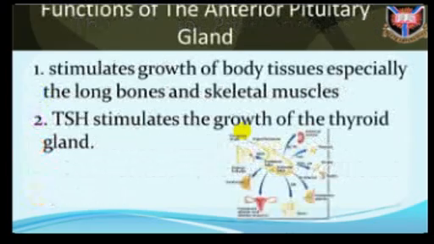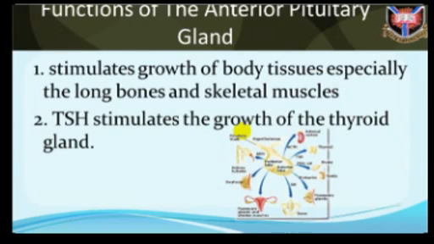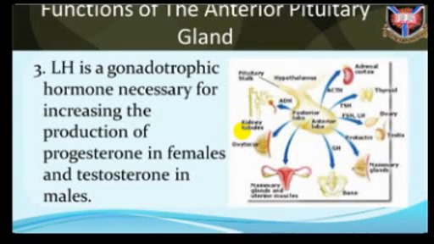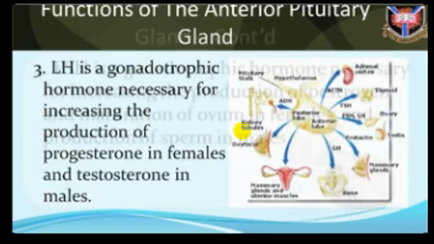1. As a growth hormone, it stimulates growth of body tissues, especially the long bones and skeletal muscles. 2. The TSH stimulates the growth of the thyroid gland. 3. The LH is a gonadotropic hormone necessary for increasing the production of progesterone in females and testosterone in males. 4.